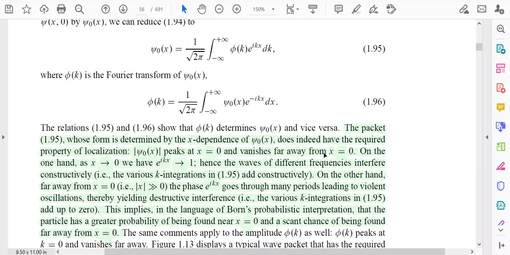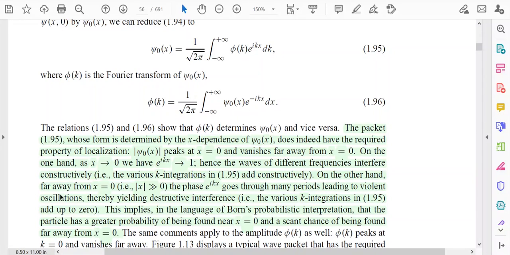So for x equal to 0, the value of the integrand is maximum, and for other values of x, the integrand step by step becomes 0. On the one hand, as x tends to 0, e to the power ikx tends to 1. Hence the waves of different frequencies interfere constructively at that position. That is, the various k contributions in 1.95 add constructively.